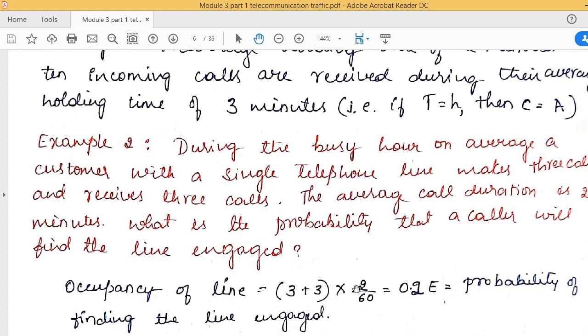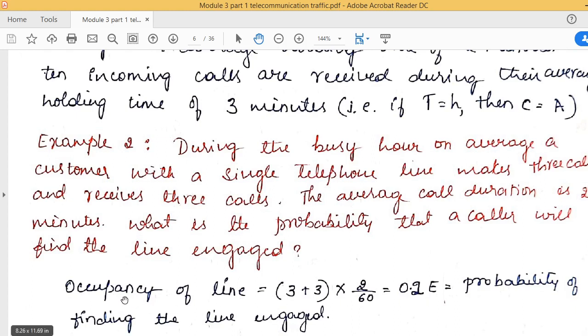The average holding time is about 2 minutes, and we are dealing with one period, that is, over 1 hour. If I calculate, the occupancy of the line is obtained to be 0.2 Erlang.